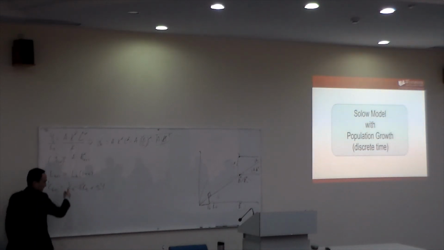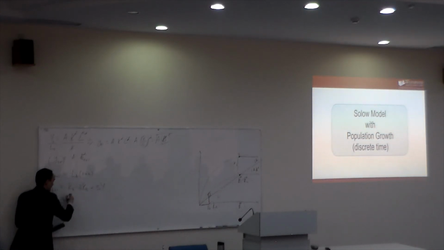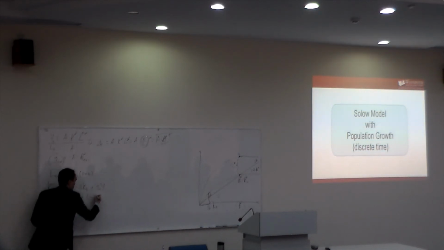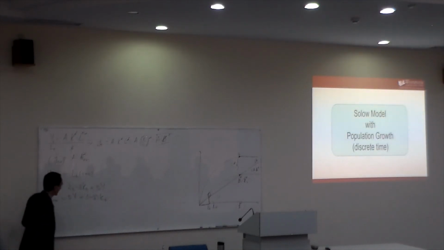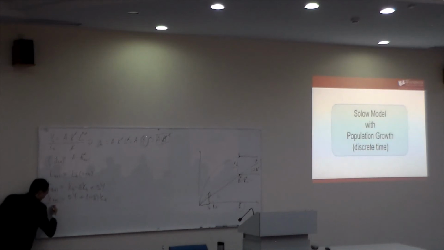So in other words, I can write here capital t plus 1 is equal to, let me write it first, saving rate times the output, which is the investment, plus 1 minus depreciation rate times capital stock. Okay. So now we are going to convert it into per capita terms. Now we are going to divide both sides by L t plus 1.